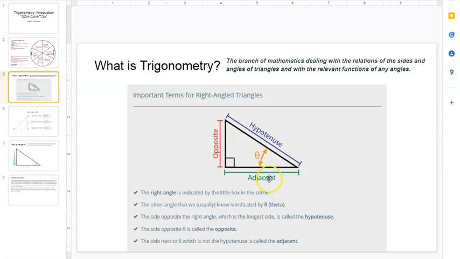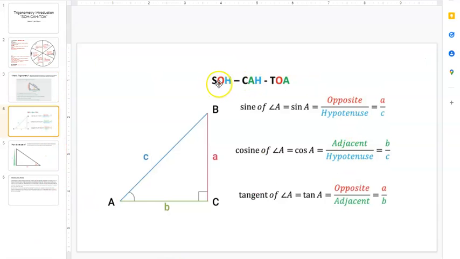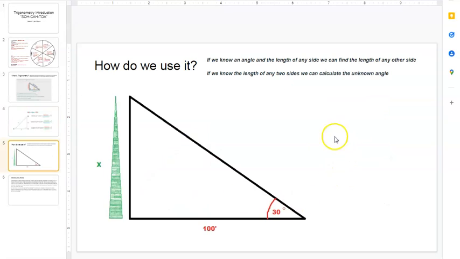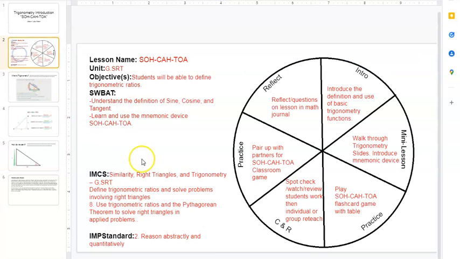We know hypotenuse, we know adjacent, we know opposite. We remember SOHCAHTOA. It's just sine is equal to opposite over hypotenuse, cosine, adjacent over hypotenuse, tangent, opposite over adjacent. That gives us what we need to work with. We can solve simple problems like this using just that much knowledge. So let's go through here.